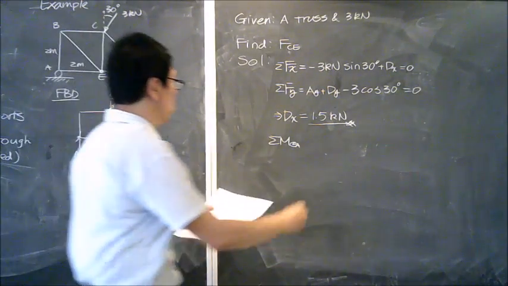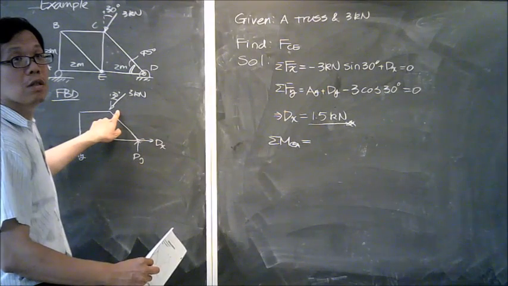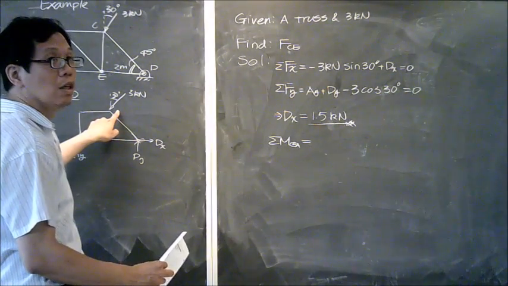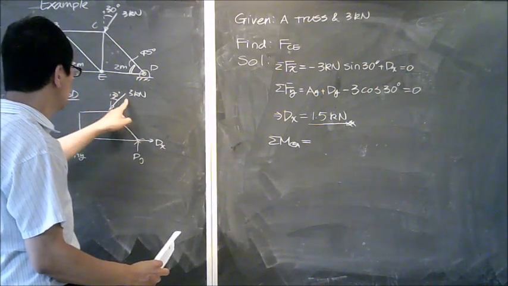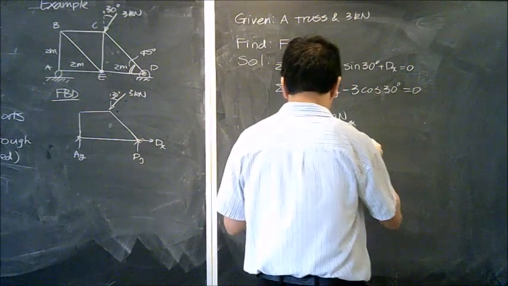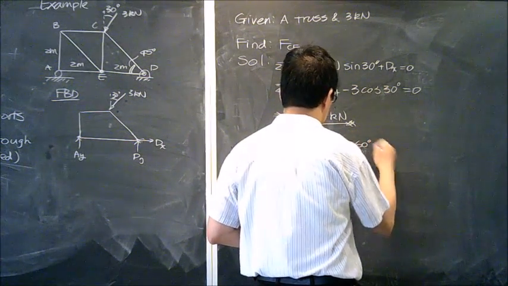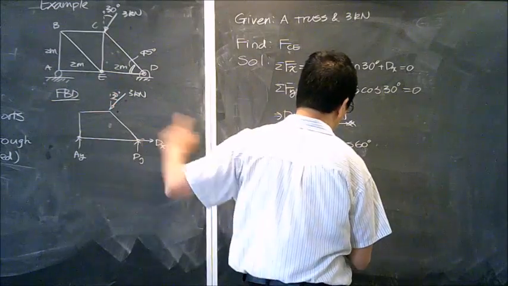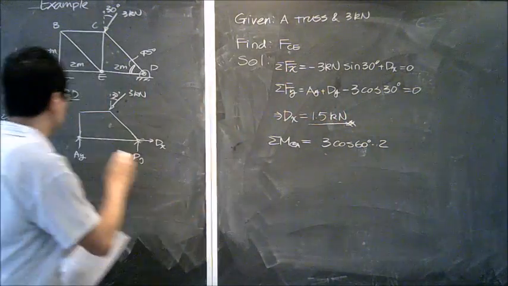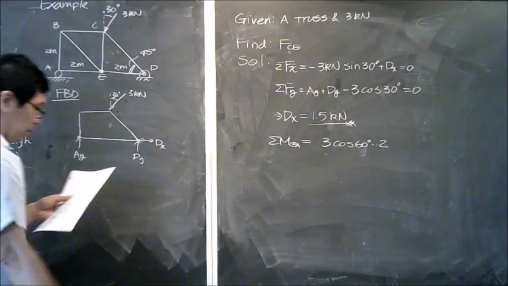So in this case, this force over here is going to create moment in 2 directions when you decouple this force into x direction and y direction. So we're going to have 3 cosine 60 degrees, which is the vertical force, multiplied by 2 meters. But since I'm using A as my reference point, this is going to be negative.